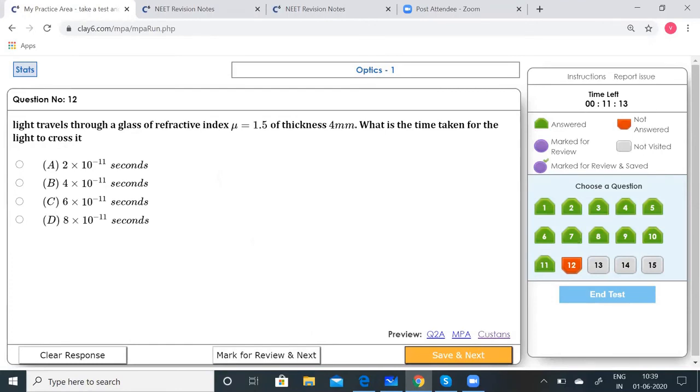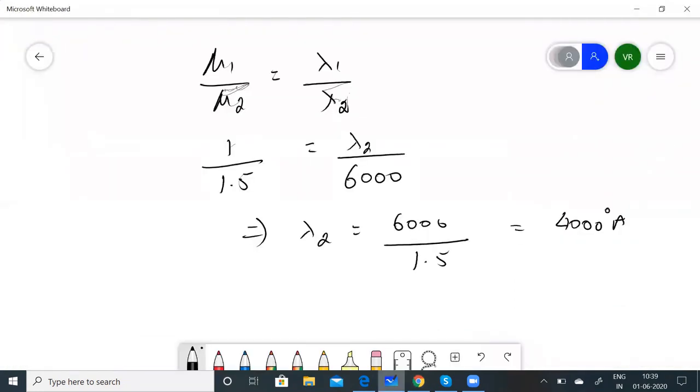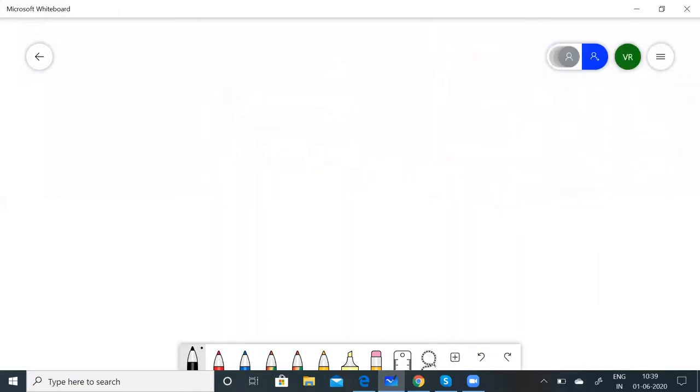Light travels through a glass of refractive index mu is equal to 1.5 of thickness 4 millimeters. What is the time taken for the light to cross it? All right. Optical distance in a medium of refractive index mu and thickness x is mu x.